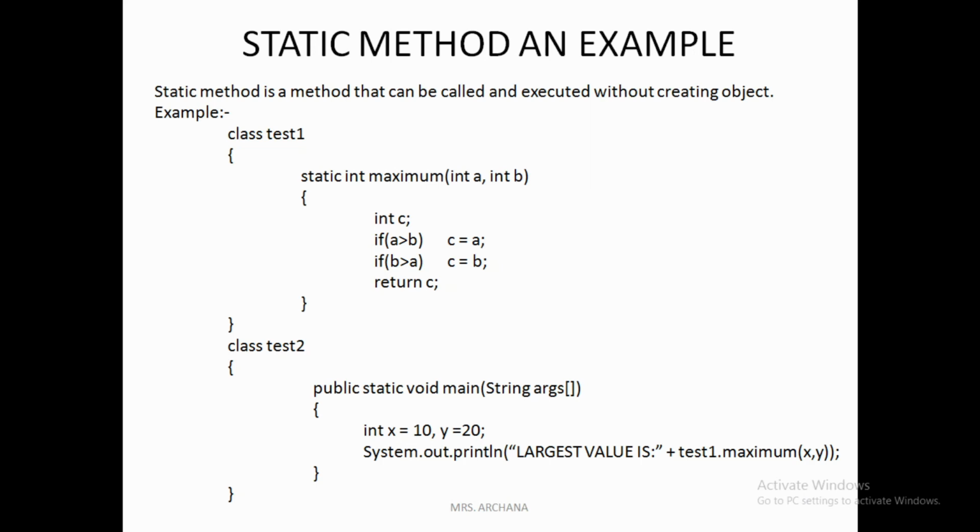The maximum method is called using the class name test1, where it is defined, and the dot operator. This is how the static method works.